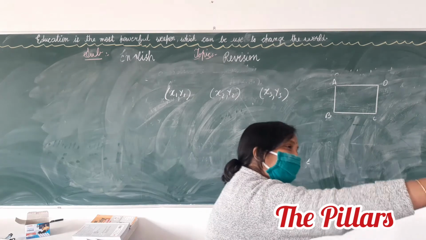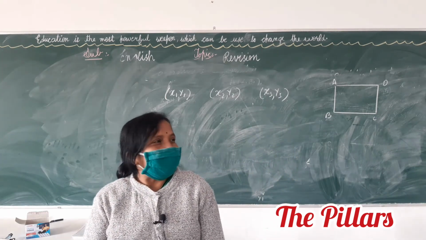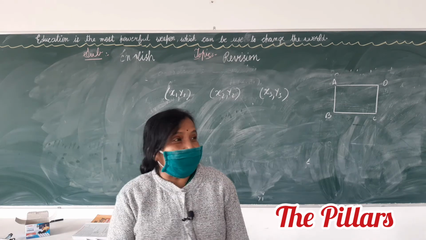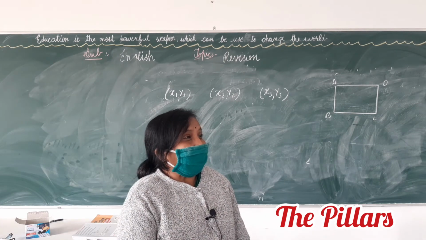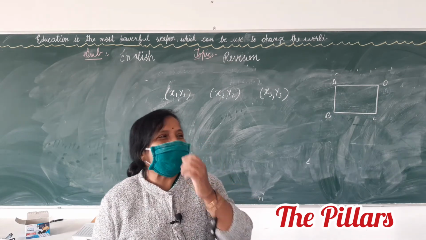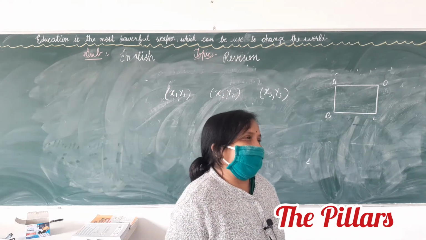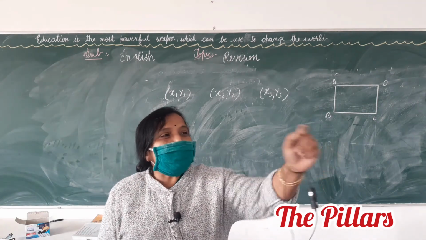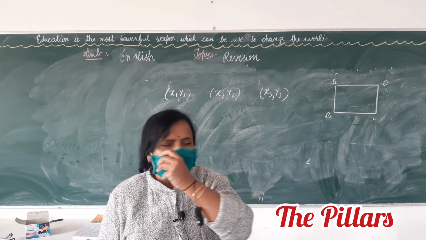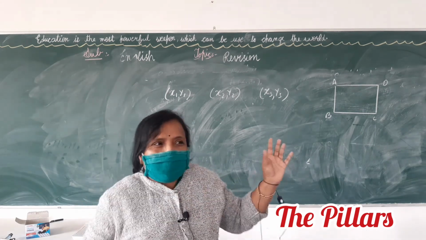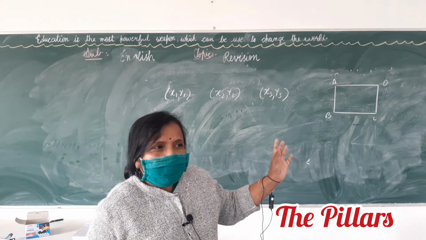Tell me, what is the orthocenter? Sit down. Where the 3 altitudes meet. Altitude meet. Very good. Sit down. Tell me, what are we left with? Area of a triangle. You can write it on the board and tell me.